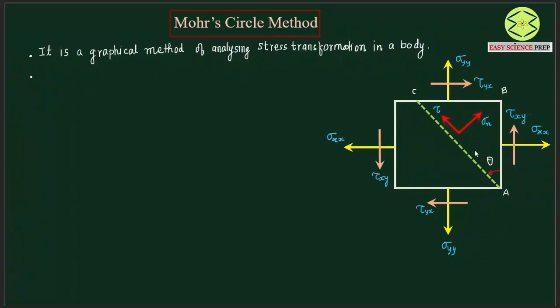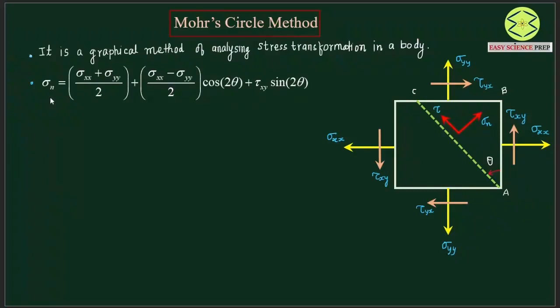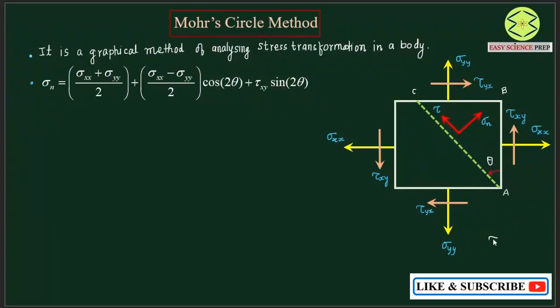We have done the analytical method and we got the expression for normal stress acting on the inclined plane, which is sigma normal equals (sigma xx plus sigma yy) by 2 plus (sigma xx minus sigma yy) by 2 cos 2 theta plus tau xy sin 2 theta. Please remember the value of tau xy is the same as the value of tau yx.